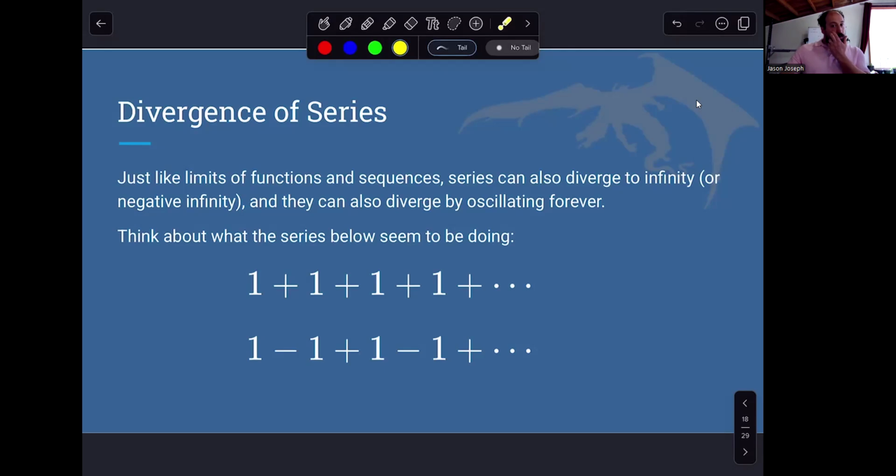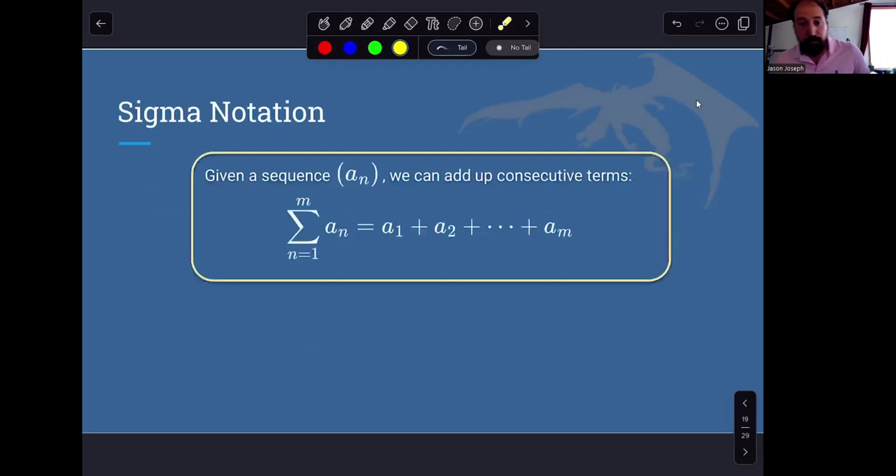So, notation for a series. We're adding up infinitely many numbers, so we need some efficient way to write that down. Here we go. We're going to use sigma notation. Before we talk about infinite sums, here's just a finite sum. And this n here is called the index.